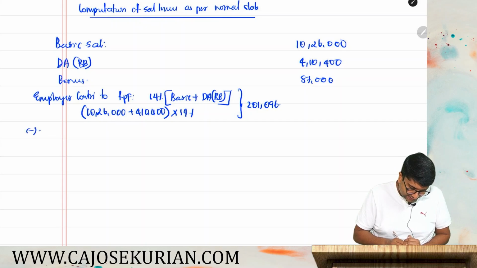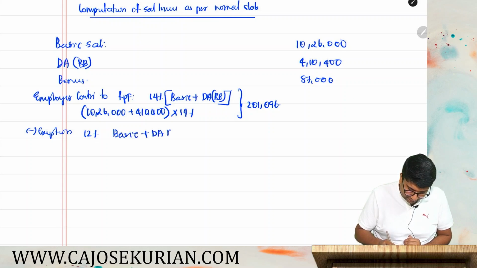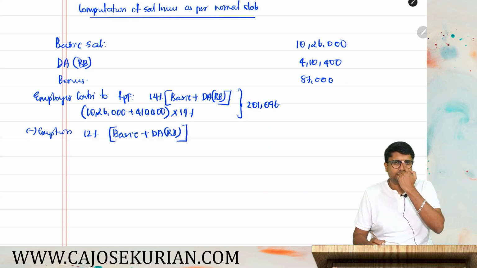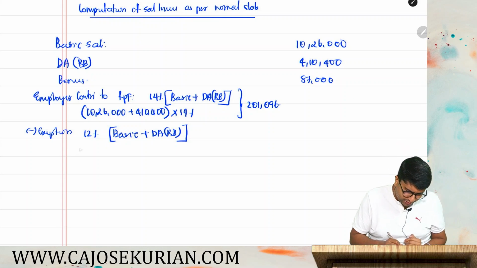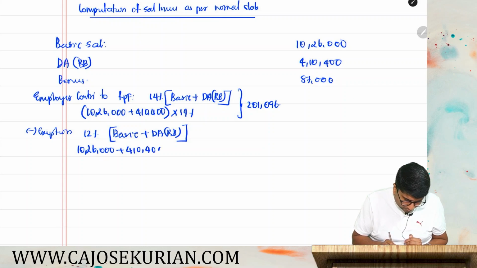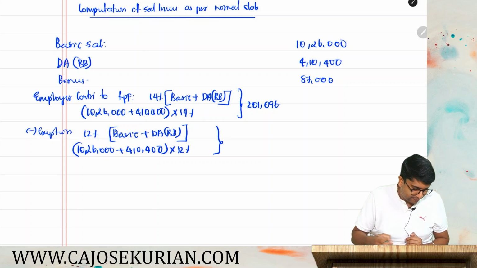Now, how much is the exempted? Exemption shall be 12% of basic salary plus DA forming part of the retirement benefit, plus commission if it is expressed as a fixed percentage of total turnover. But in this question, they are not mentioning anything related to commission, so you can ignore the effect of commission. So 10,26,000 plus 4,10,400 into 12% is the exemption.